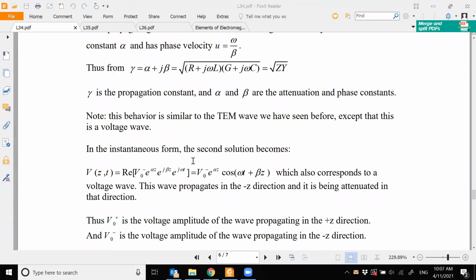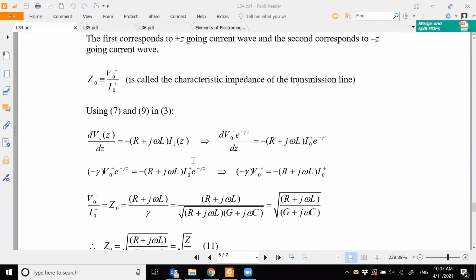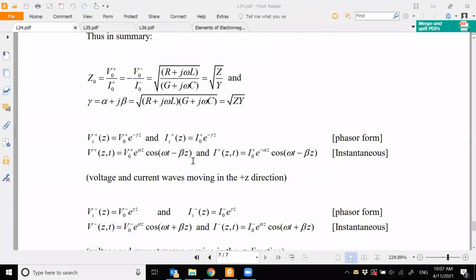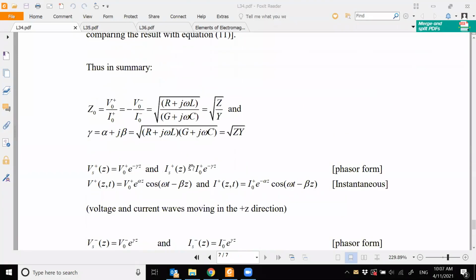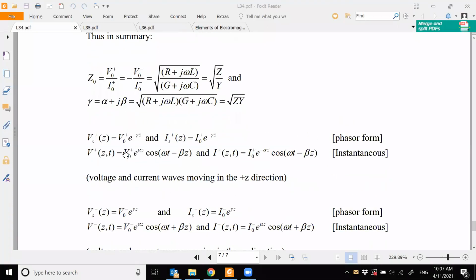this is the summary. I will show it here. So our summary is that after solving, we got our voltage wave solution as V0 plus e power minus gamma z for positive traveling waves, and the current wave as I0 plus e power minus gamma z, where V0 plus and I0 plus are the amplitudes of the voltage and the current respectively.